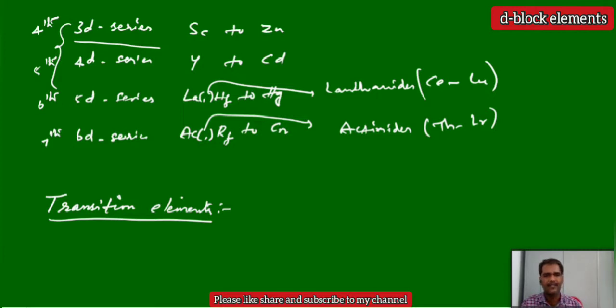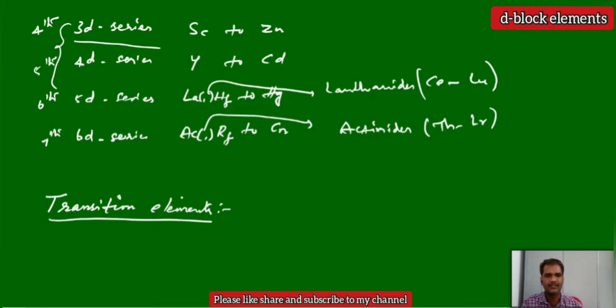And if the d orbital is completely filled in its ground state or in any of its common oxidation states, then that type of elements we cannot call transition elements. They are d-block elements. Especially zinc, cadmium and mercury: if you see their electronic configuration, d orbitals are completely filled, whether you take the ground state configuration or any of the common oxidation states. For the d-block, the common oxidation state is +2.